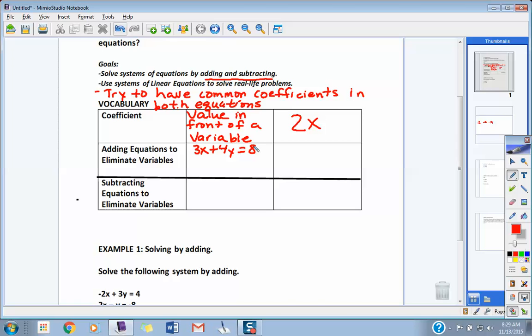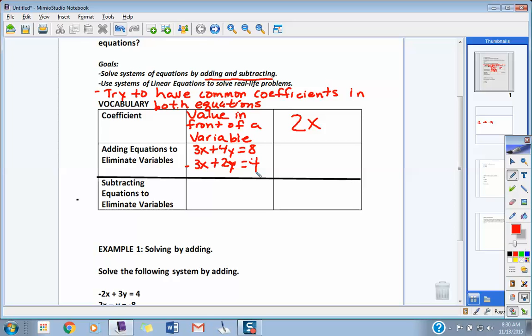And maybe you have negative 3x plus 2y equals, I don't know, 4. First things first, is that a system? Okay, what makes that a system again? 2 equations with 2 unknowns, right?